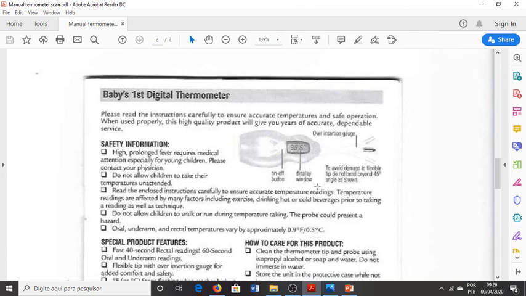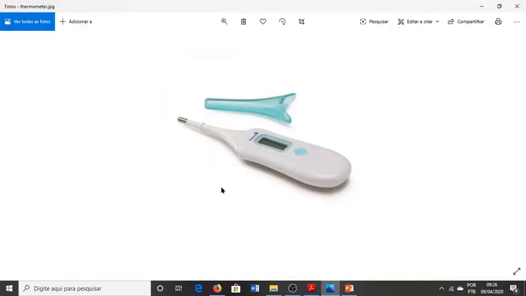E aqui eu vou adicionar uma foto melhor, porque essa foto não está muito boa. E muitos alunos erraram, por exemplo, o insertion gauge, por não entender o que é. Deixa eu mostrar. Esse é o termômetro. Insertion gauge é esse mostrador aqui.